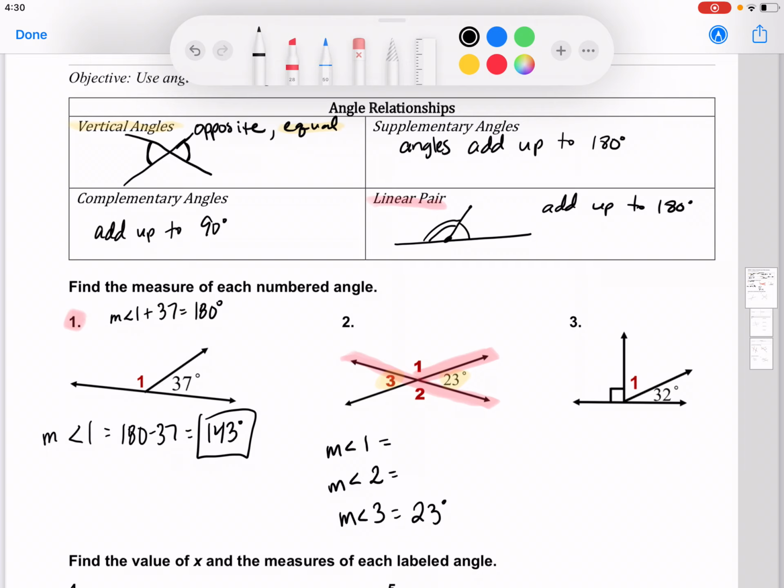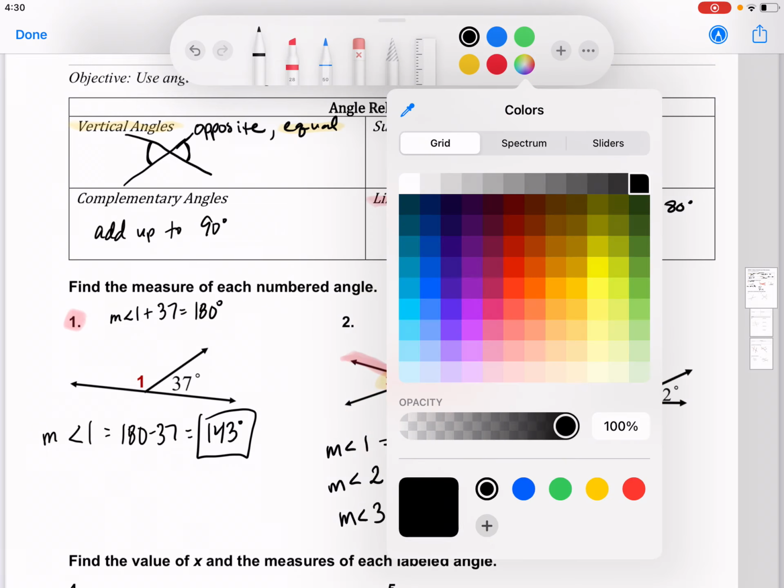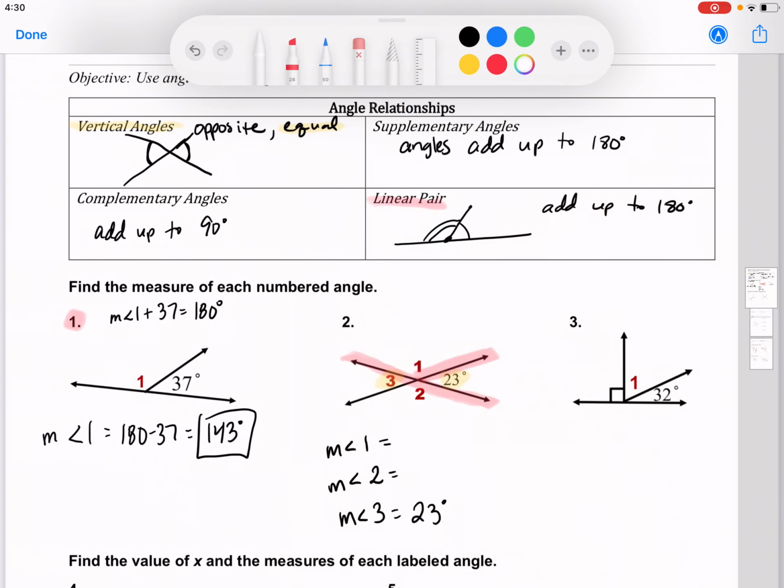I can even show that relationship a little better by just briefly getting rid of all this other stuff over here. So you see how that's a linear pair right there. So I'm going to take the measure of angle 1, and if I add that to 23, it should be 180 degrees.